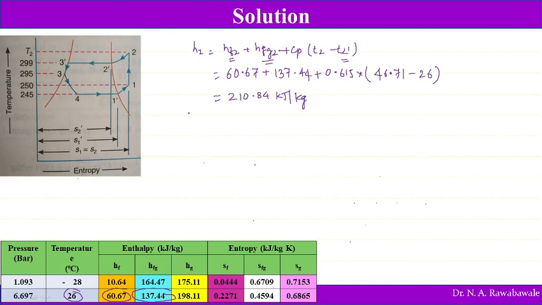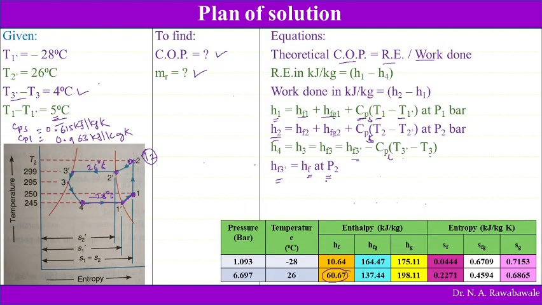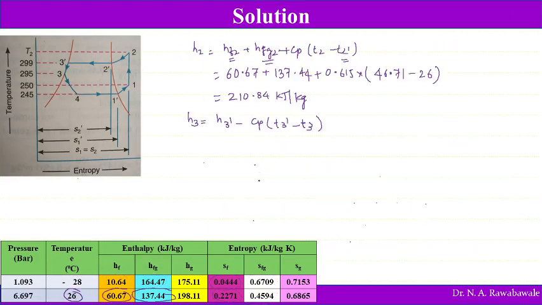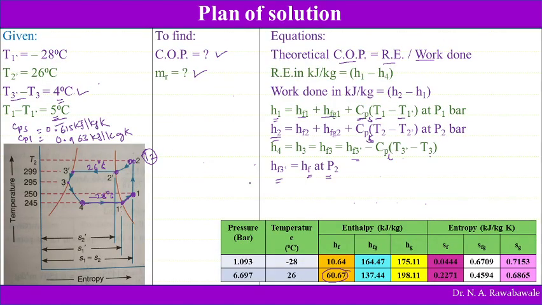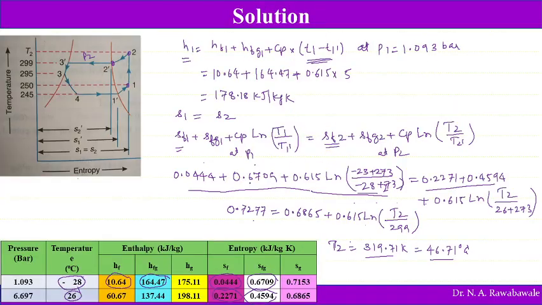Now to find H3, which is equal to H3 dash minus CP (T3 dash minus T3). In this problem, subcooling is given. I think subcooling is 4 degrees Celsius.